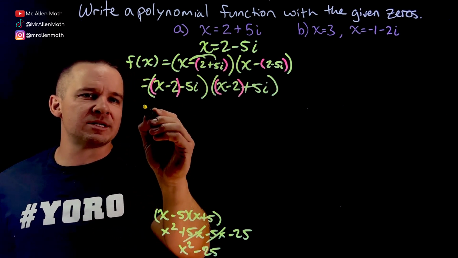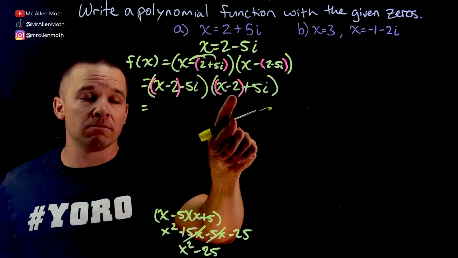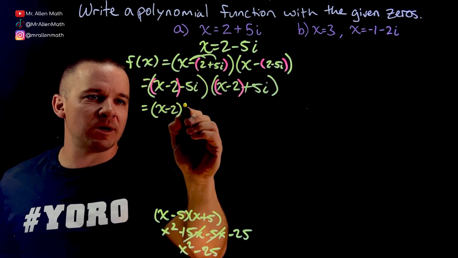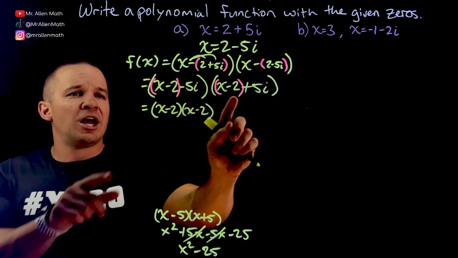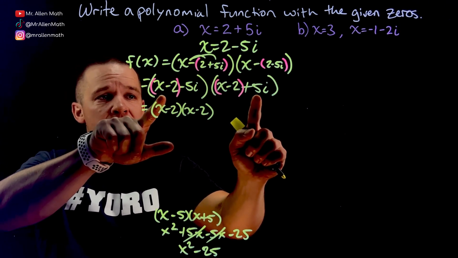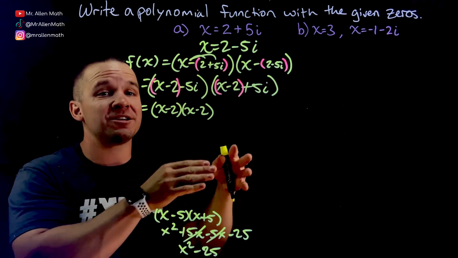So what I'm going to do is multiply the x minus 2 and the x minus 2 together here. That's going to give me x minus 2 squared, or just x minus 2 times x minus 2. We'll leave it like that. Cool? This one here is going to be positive 5i times x minus 2, and this will be negative 5i times x minus 2, which will cancel each other out.